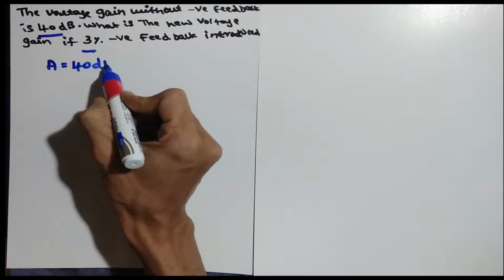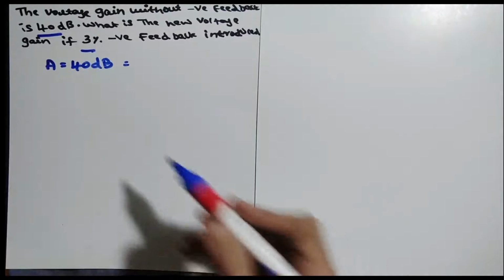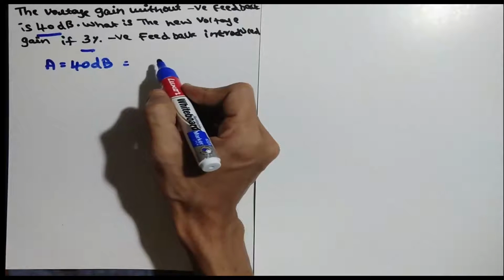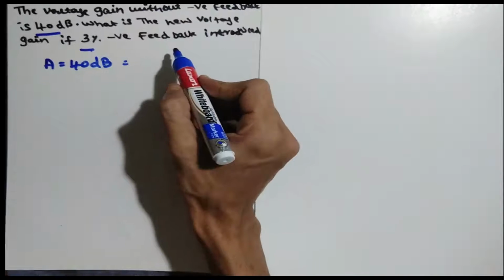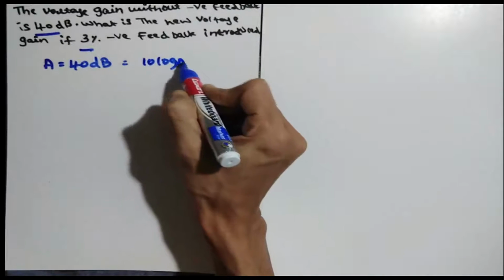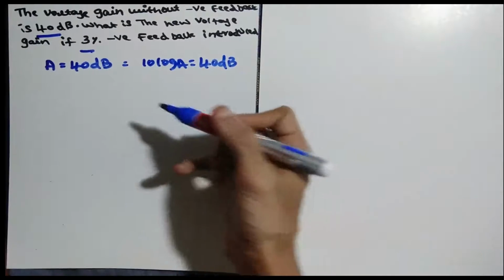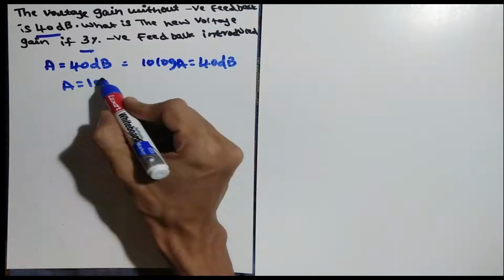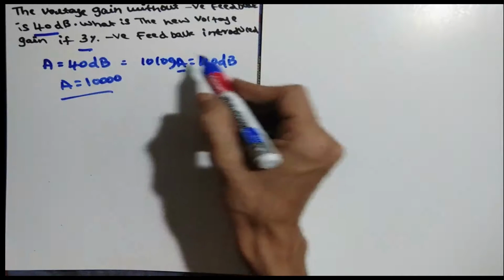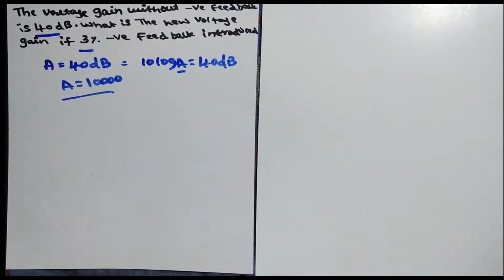We require A in non-unit form. So 40 dB we have to remove. For that we can use the formula 10 log A is equal to 40 dB. If you apply this, you will get A is equal to 10,000. You have to do the anti-log of 40 dB. So you will get 10,000.